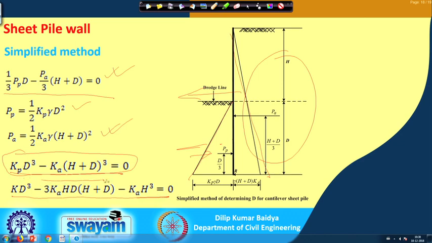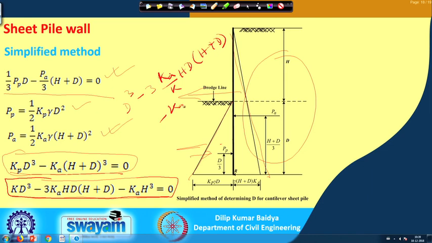From this cubic equation, you can see d cube minus 3 k a over k p h d squared plus d minus k a over k p h cube.